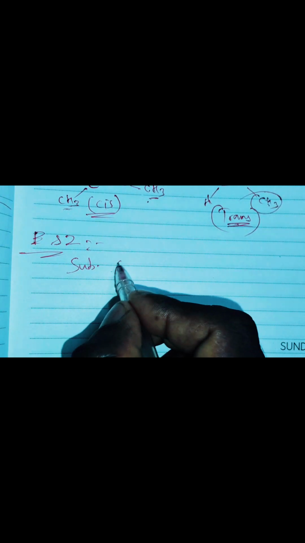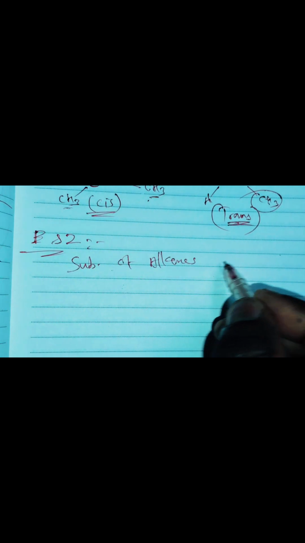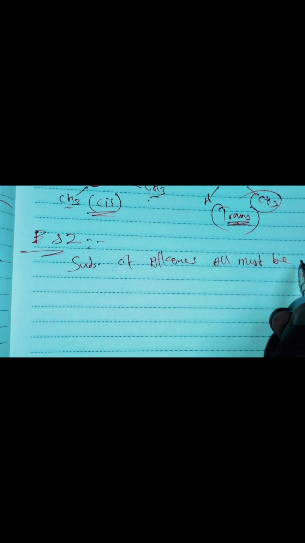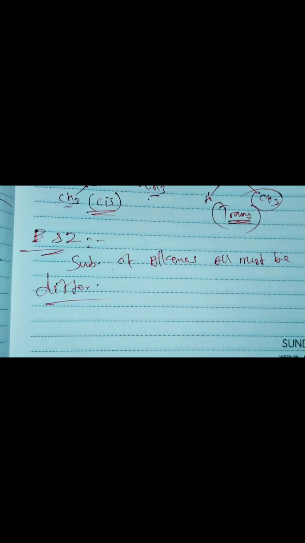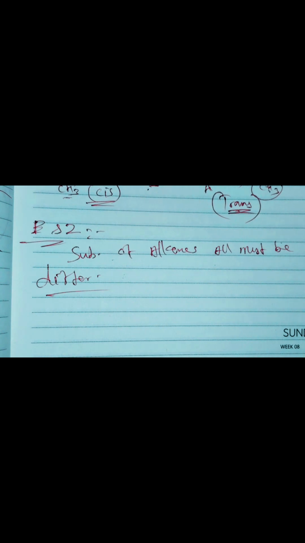Next, E and Z isomerism. For this E and Z naming representation, all the substituents of the alkene must be different. Only then do we go to E and Z isomerism.